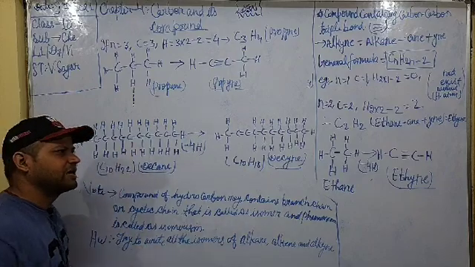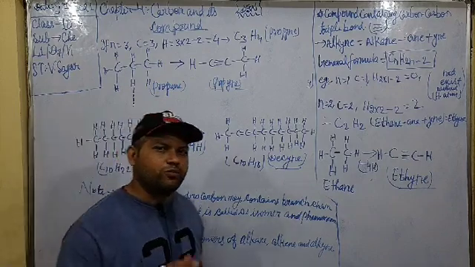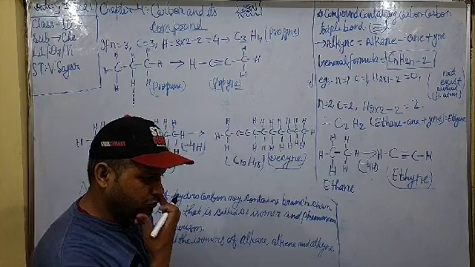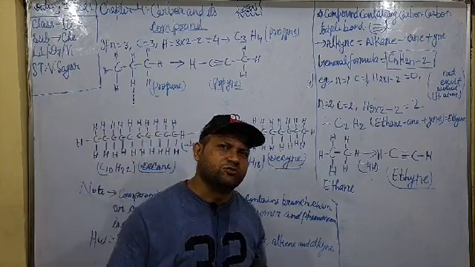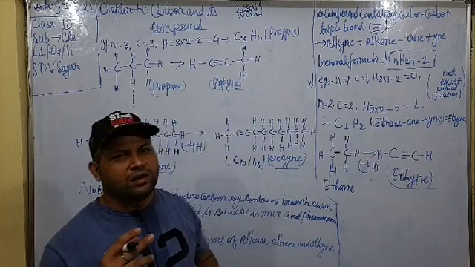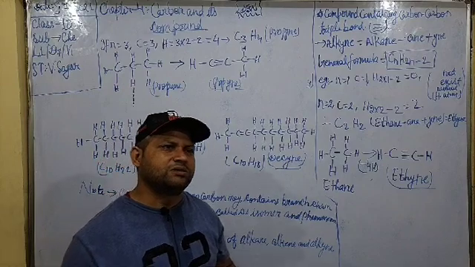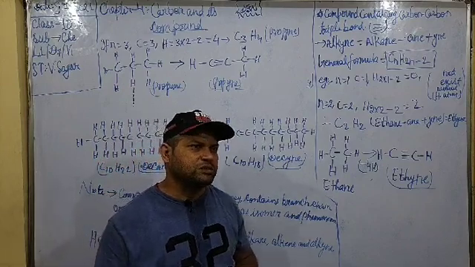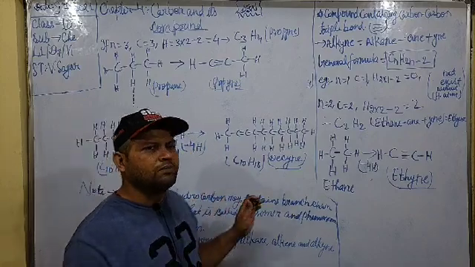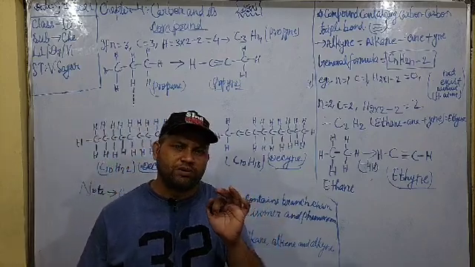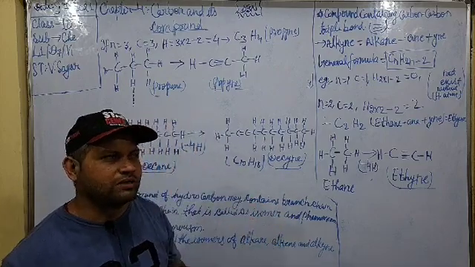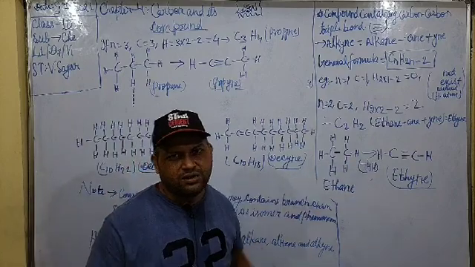So these are the things I have discussed. Once again I want to repeat what I have discussed in this video. In this video we mainly discussed the types of unsaturated carbon compounds, those that contain double bonds and triple bonds. Compounds with double bonds are members of alkene, and compounds with triple bonds are members of alkyne.